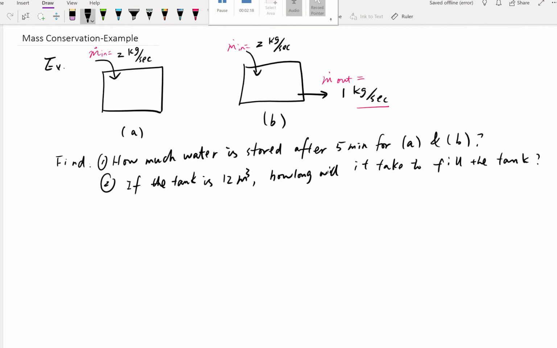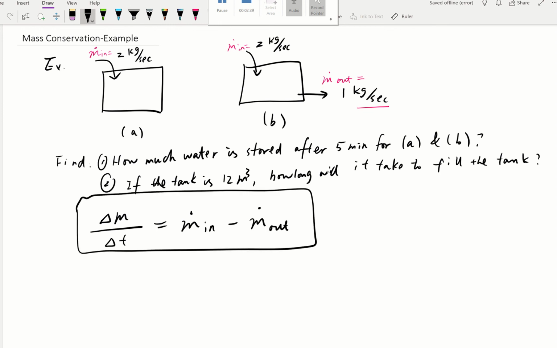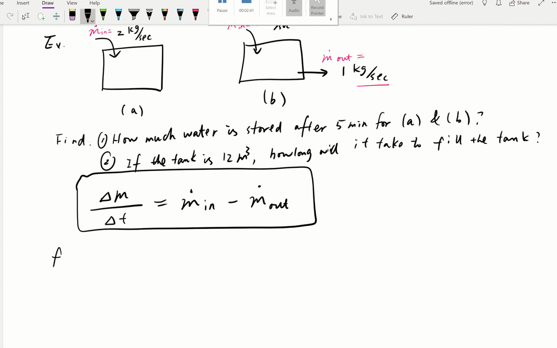From the previous video on the mass conservation concept, we know the change of the mass inside the system over time is going to be equal to the mass flow rate coming in minus the mass flow rate coming out. That's our mass conservation equation. Then for scenario A, what is our mass flow rate coming in? 2 kilograms per second.